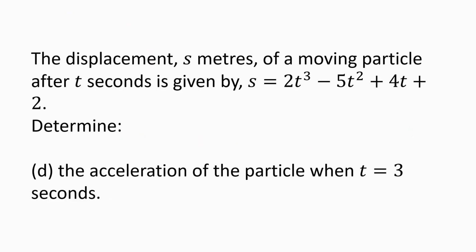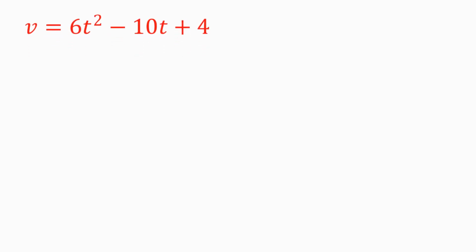Part D. Determine the acceleration of the particle when t equals 3 seconds. We need to find the acceleration, and remember we obtained the velocity equation as 6t squared minus 10t plus 4.